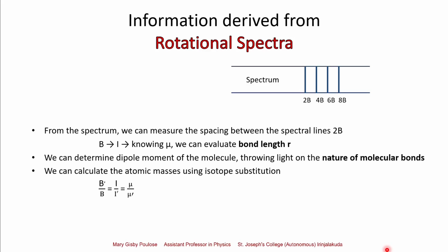And if the reduced mass of the actual molecule mu is known, we can calculate mu prime, the reduced mass of the isotope. So, knowing B, B prime and mu, mu prime can be calculated.